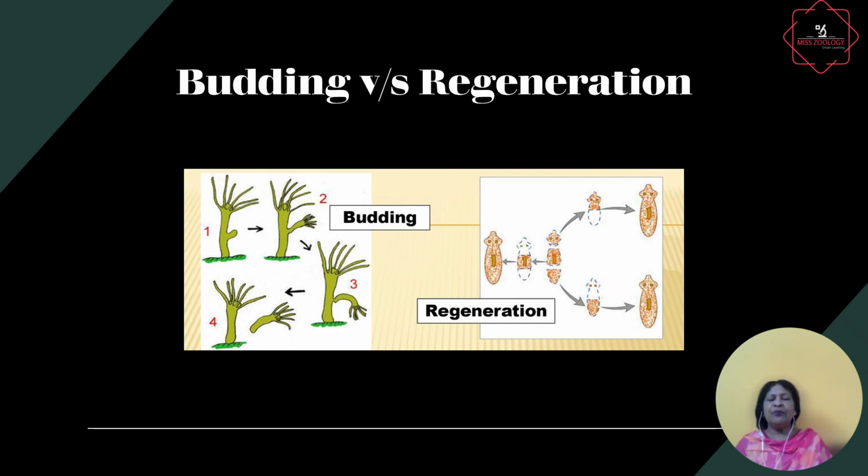Now, the second point to put up a compatible difference between these two is that a bud should become heavy enough to detach from the parent and then fall into an environment which has all available factors for its growth into a new individual. While for regeneration, the cut part itself has the power to regrow into a complete individual.